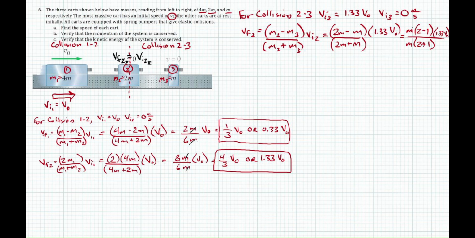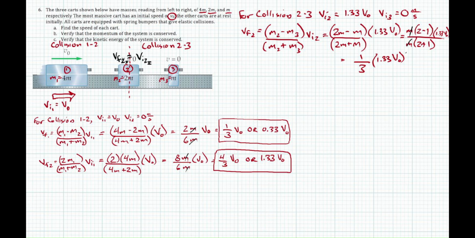Okay, well, the m's go away. 2 minus 1 and 2 plus 1, that's about as basic arithmetic as you can get. That is going to simplify to 1 over 3 times that initial velocity of object 2, times 1.33 VO.